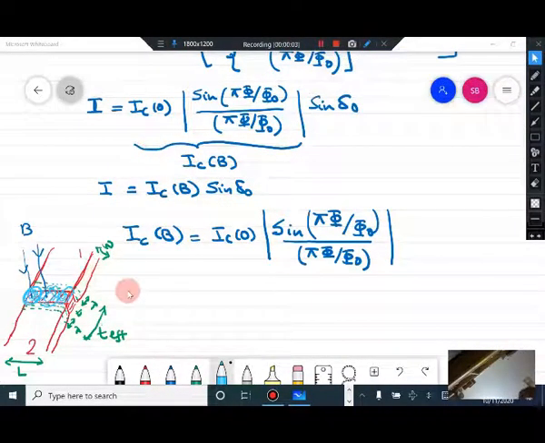Now let us complete our discussion for a junction which is placed in a magnetic field. So this is the superconductor junction, 1 and 2, which is placed in a magnetic field. W is the thickness of the superconductor and also the thickness of the junction. The total length of the junction is L, and T is the effective width of the junction, because there are supercurrents which are circulating.